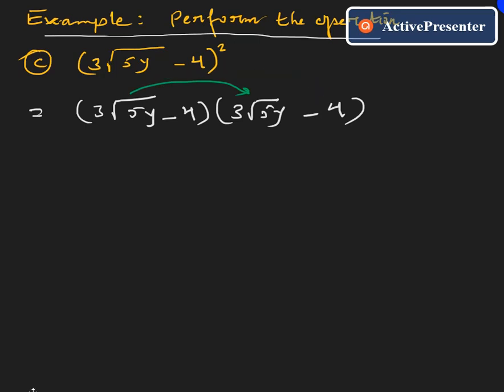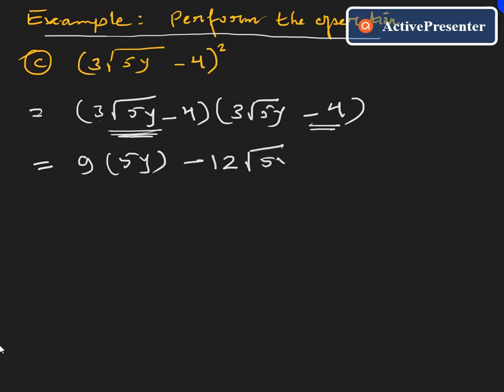So this is equal to 3 multiplied in the square root of 5y multiplied with 3 square root of 5y. This is equal to 9 multiplied in 5y. And also 3 square root of 5y multiplied in minus 4 is equal to minus 12 square root of 5y.